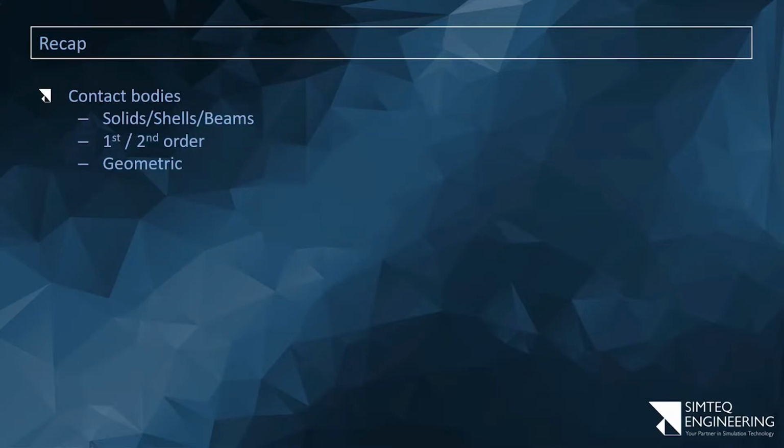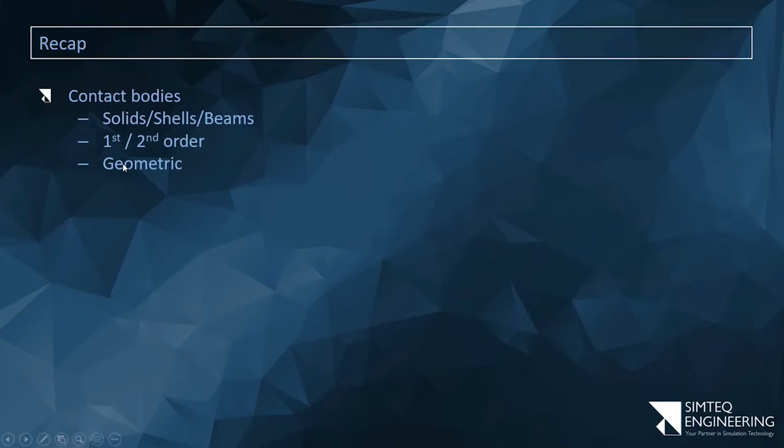Okay, so just to briefly recap, I'll do this really fast. The last one is spend time on contact bodies. In other words, different types, whether it's shells or solids or beams, all of them can be used as contact bodies. All of them can be used in one analysis. We can just not have solids and shells in the same contact body, but I can do this as two separate contact bodies, for example.